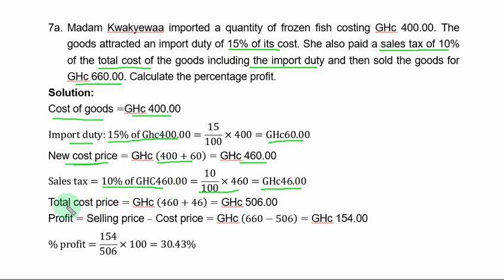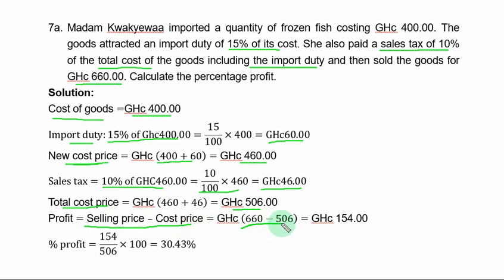Now you can get the total cost. Total cost becomes initial cost plus import duty, that is now 460 plus sales tax 46. That gives 506 Ghana cedis. Profit is selling price minus cost price.